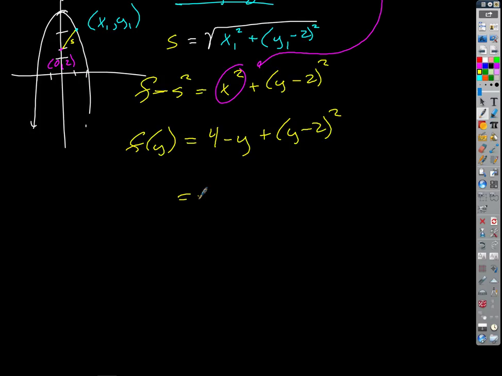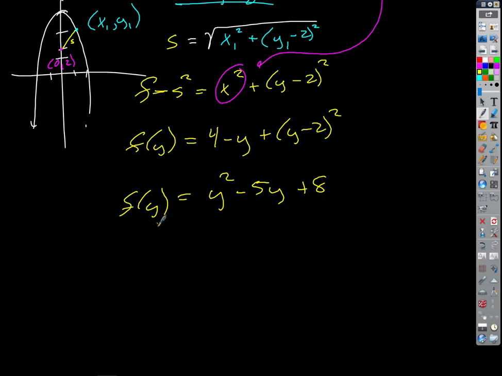If we expand this out and collect like terms, what are we going to get? Obviously, we're going to get a y squared, minus 4y minus another y is minus 5y. (y minus 2) squared would be y squared minus 4y plus 4, so plus 8.